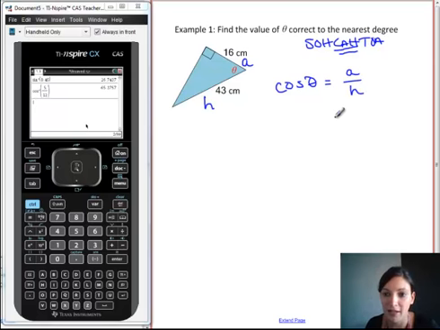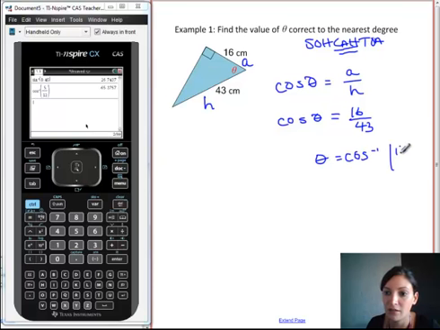So this time I want to find theta. So I'm going to rewrite that cos of theta is equal to the adjacent, which is 16, over the hypotenuse, which is 43. So to solve for theta, I need to use the inverse cos of 16 over 43.